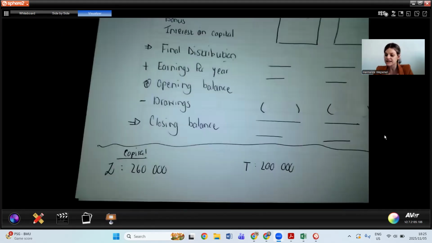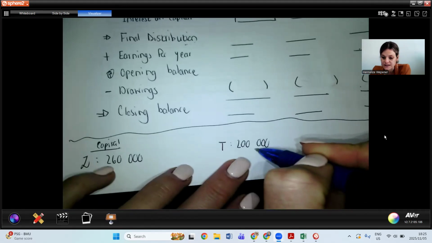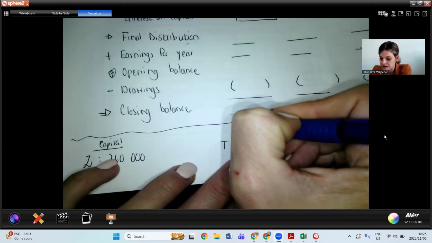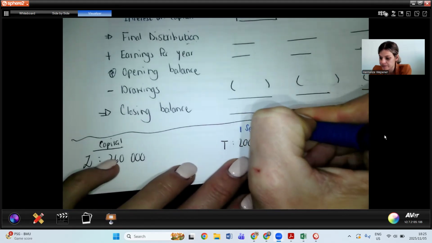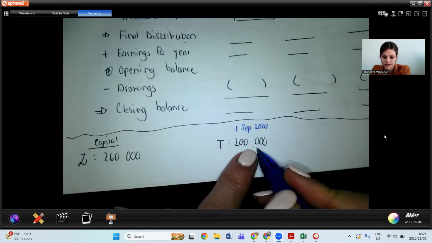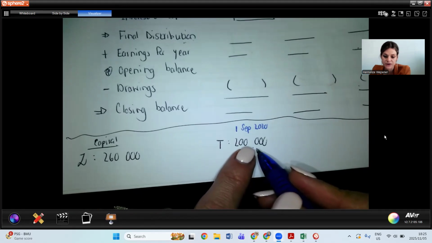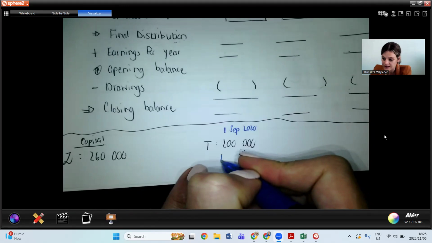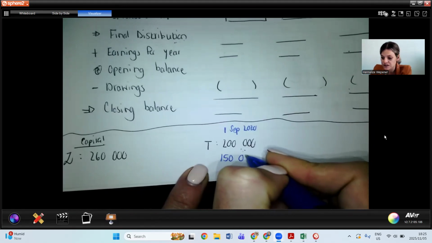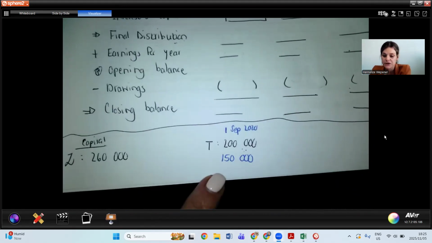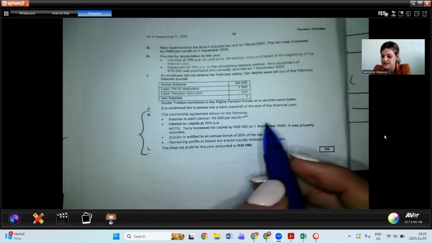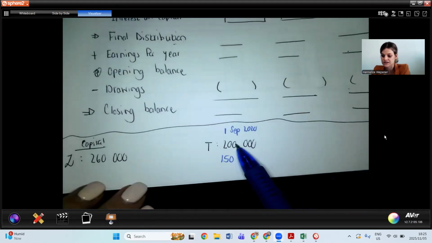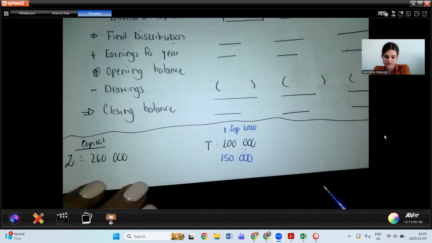In other words, in the end, after that increase that occurred on the 1st of September 2020, this was after the increase, because the increase was correctly recorded. So in other words, prior to that, he only had 150,000 as capital because he increased his capital by 50,000 Rand. 200,000 minus 50 is 150.